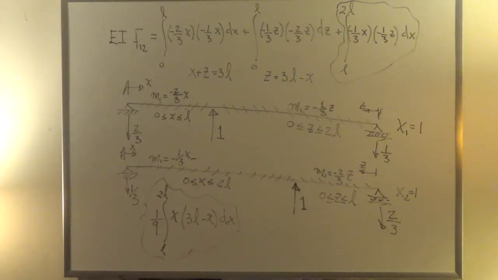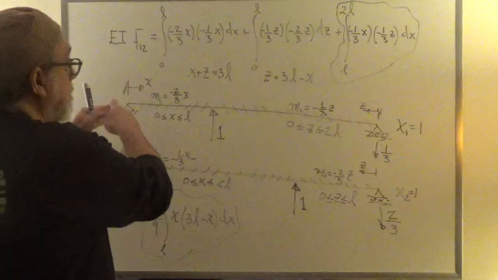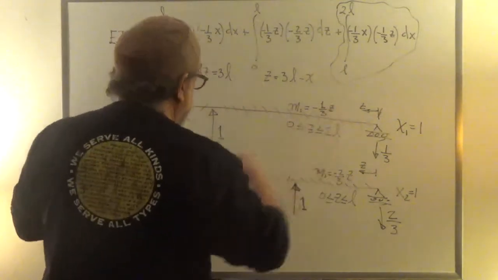So, instead of wasting time and having you look at me doing stuff that doesn't teach anything, just very simple integrals, let me use my time and your time more efficiently to describe the conceptual things one more time. We had a beam, which I had to erase for space, but we have a beam that has 4 supports.